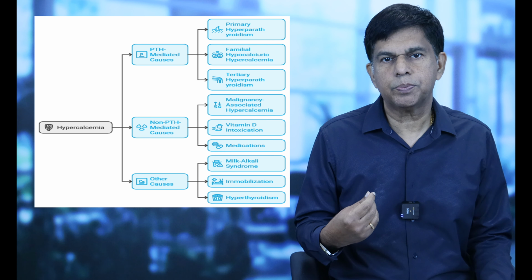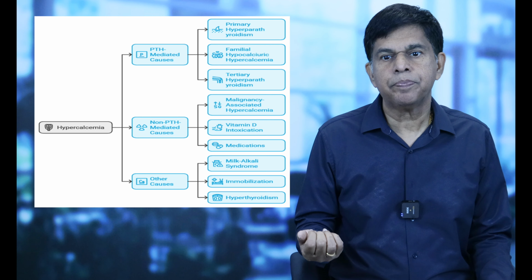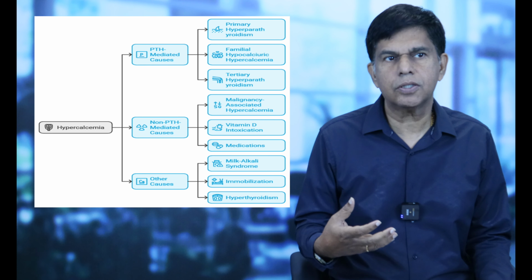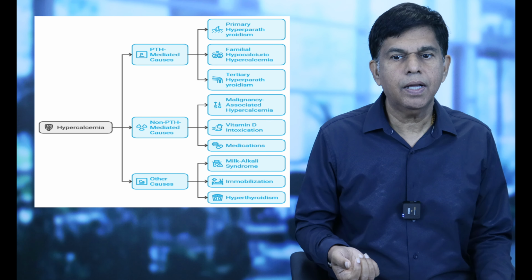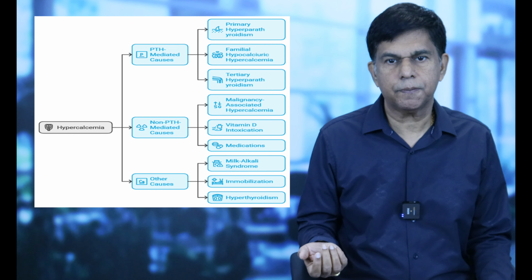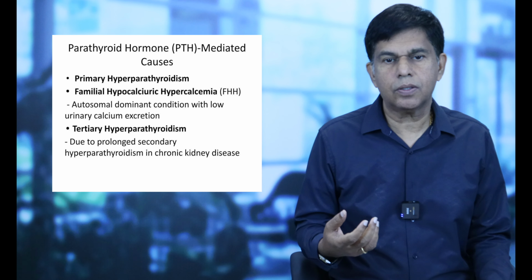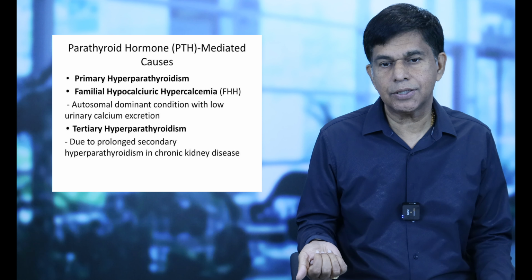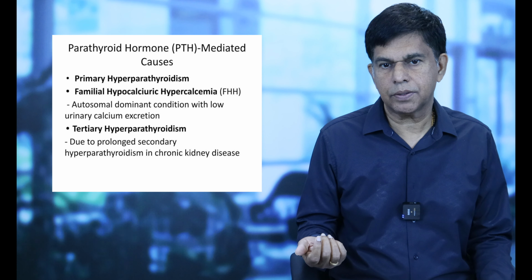Always check PTH-related peptide. Vitamin D intoxication and medication, and other causes: milk alkali syndrome, immobilization itself, and hyperthyroidism also. So PTH-mediated causes, again: primary hyperparathyroidism, familial hypocalciuric hypercalcemia, and tertiary hyperparathyroidism.